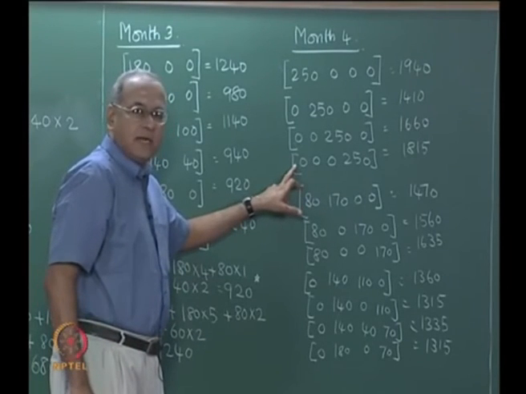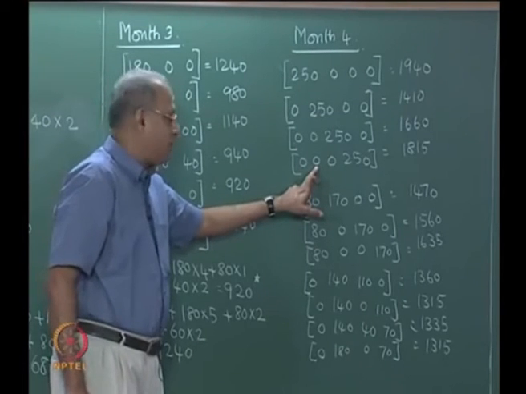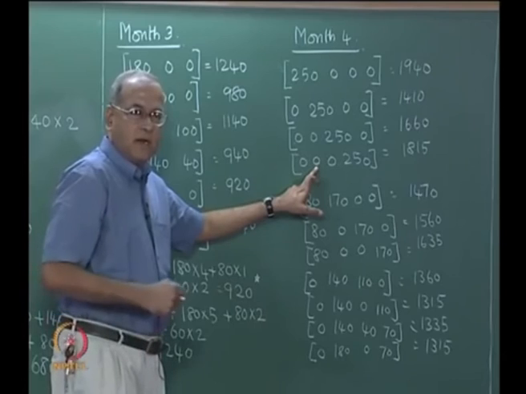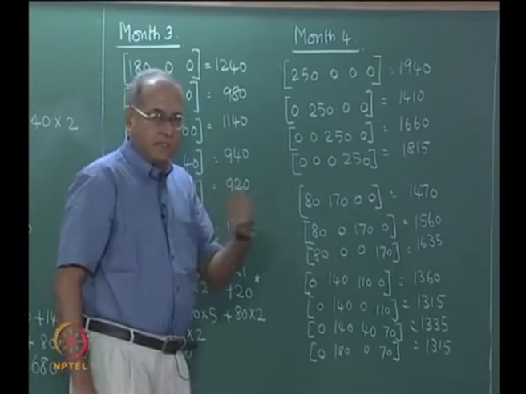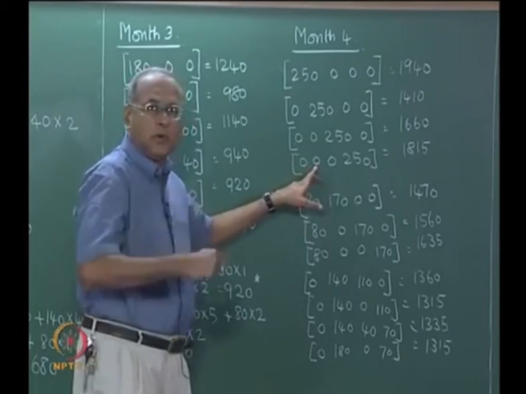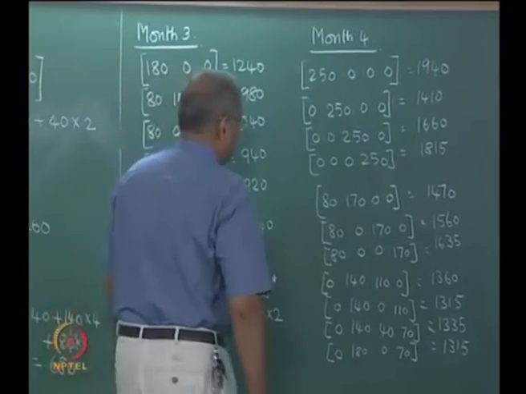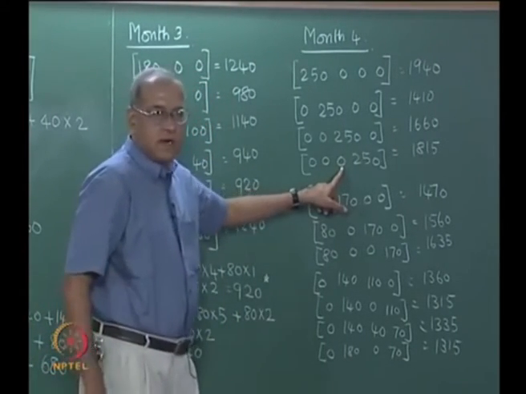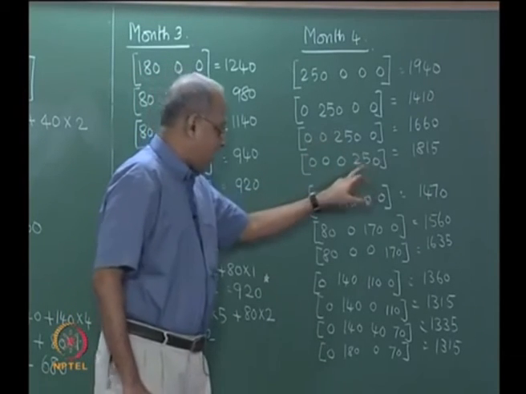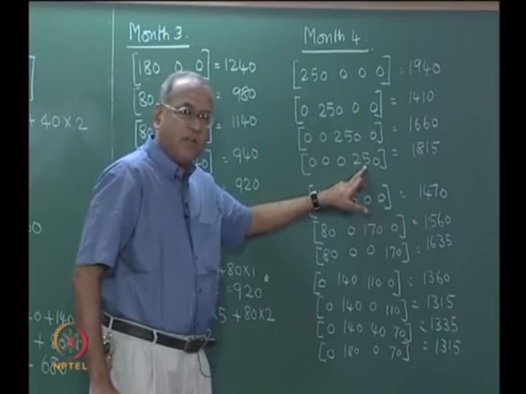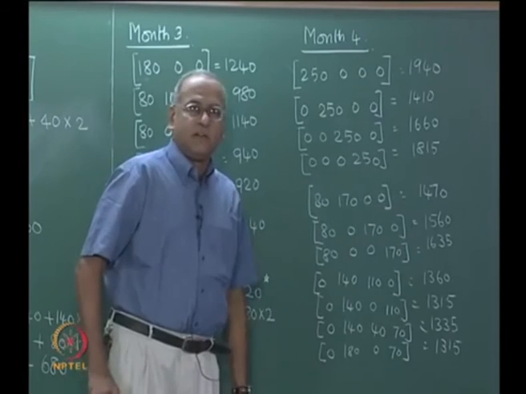So, this will be 80 into 1. Here it will be 60 into 2 into 2, because the 60 demand is back ordered for 2 periods, the cost of back order in that period is 2. So, this will become 60 into 2 into 2, and in this one it will become 40 into 1, because the other 40 is back ordered for 1 period, the cost is also 1. So, that when added with the setup cost of 45 and production cost of 350 would give us 1815.